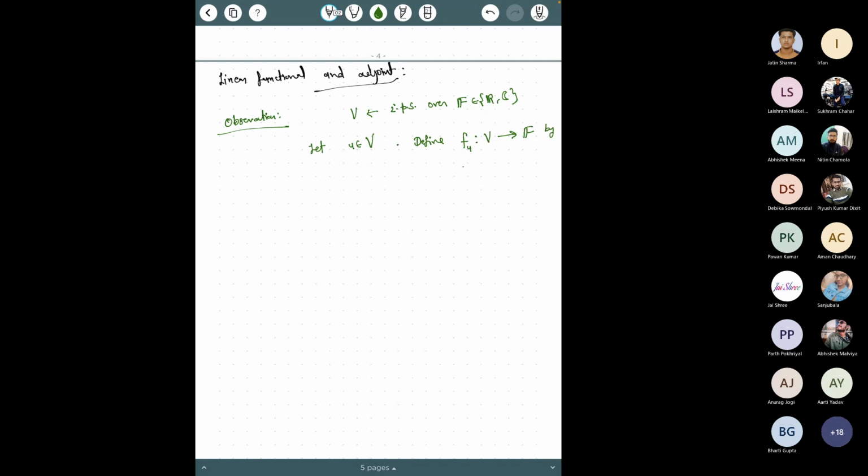You take any vector v in V and send it to the inner product of v and u, for all v in V. Now you can check, using the linearity in the first component of an inner product, that this F subscript u is a linear transformation from V to F. That means it's a linear functional on V. This is very easy to verify.